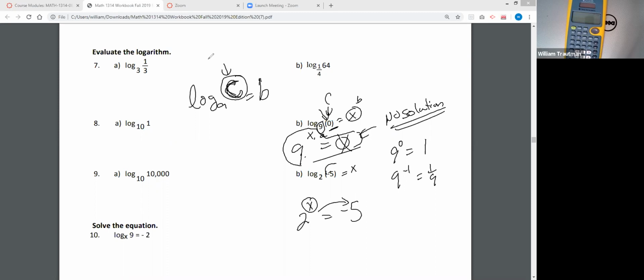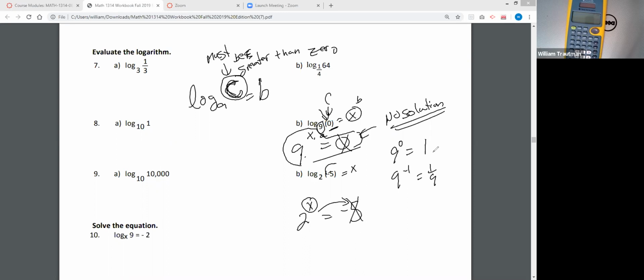This c must be greater than 0. It cannot be negative. A negative number is impossible.